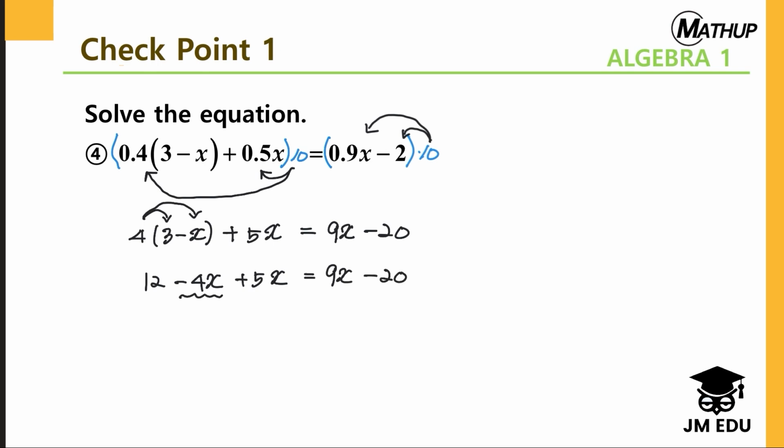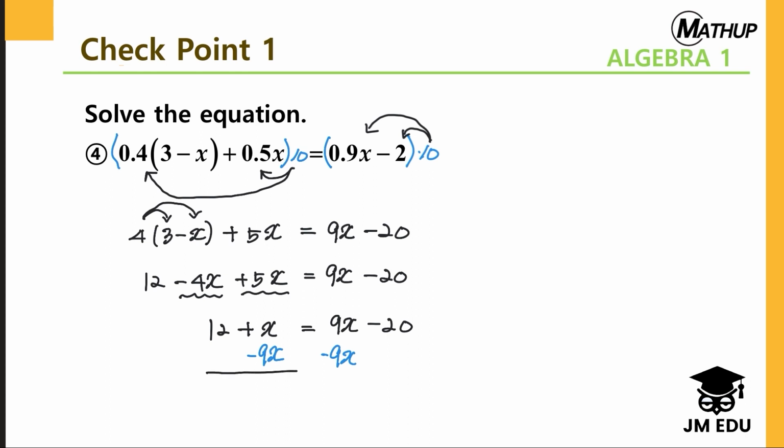And we have like terms on the left-hand side. Let's simplify this. Negative 4x plus 5x, that's positive 1x, right? So we have 12 plus x is equal to 9x minus 20. So eliminate 9x by subtracting 9x each side.